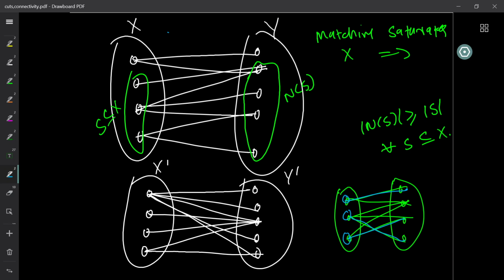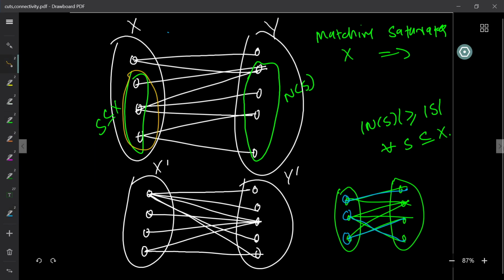Now, if a matching saturates all the vertices of X, then take any subset S of X and look at its neighbor set. You can immediately see that this will have at least as many vertices as in S. If there are 3 vertices in S, then you will have at least 3 vertices in the neighborhood of S.